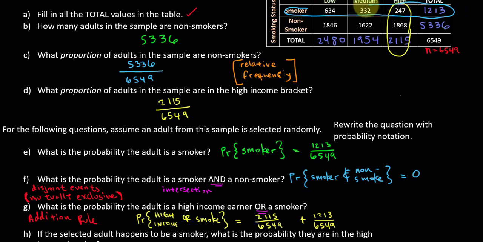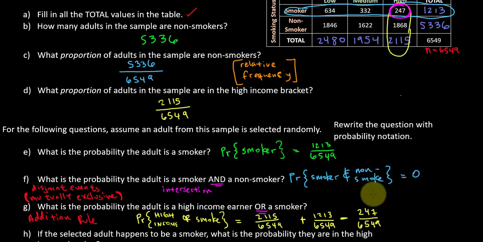And didn't we double count a certain number of individuals? Aren't we double counting these 247 individuals there? So we need to subtract the double count of 247 out of 6549.